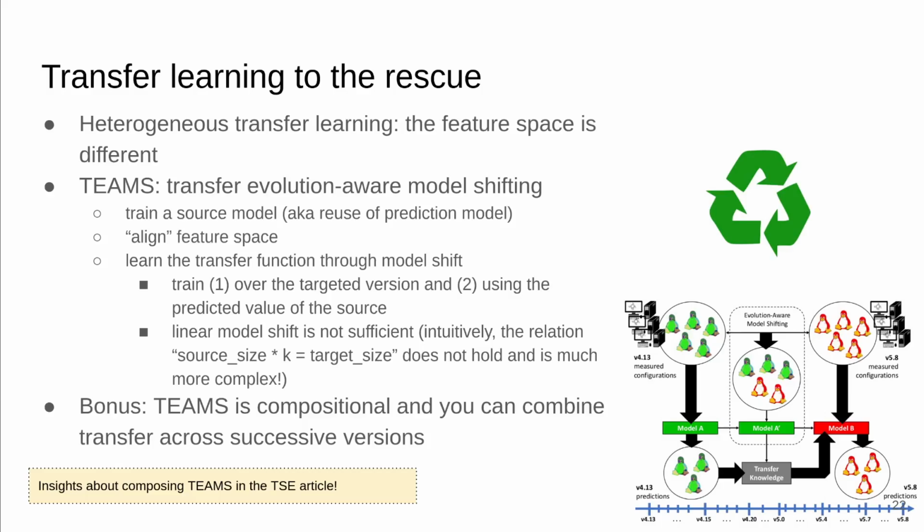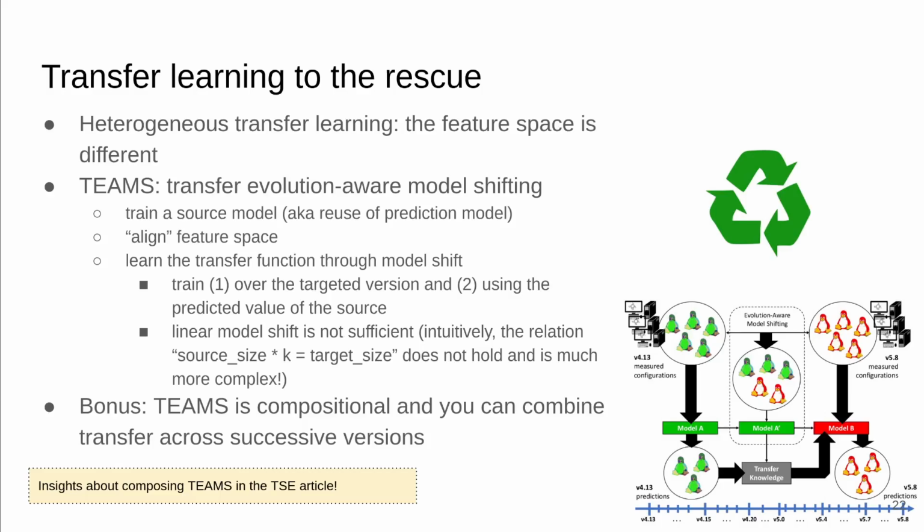And importantly, we designed an algorithm based on model shifting, in which the key idea is to learn the transfer function among the old size of the original version, of the source version, and the targeted version. This transfer function can be linear in the ideal case, but we show that it's not sufficient, and you need to rely on more complex transfer functions.